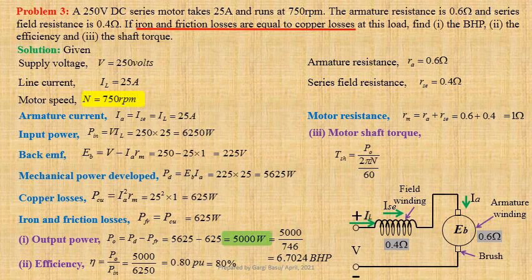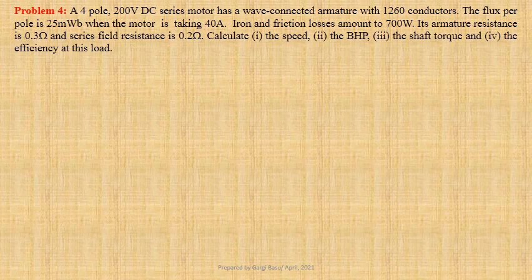Using values we get 5000 divided by 2 pi into 750 by 60, that gives us 63.662 newton meter.